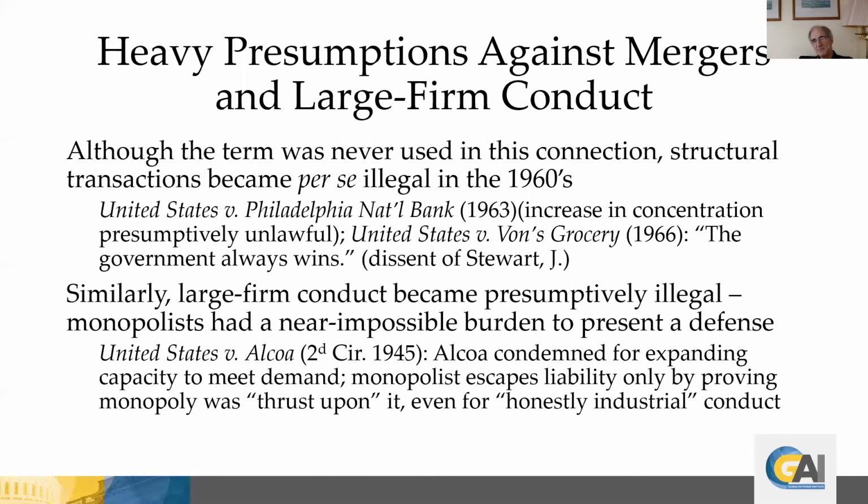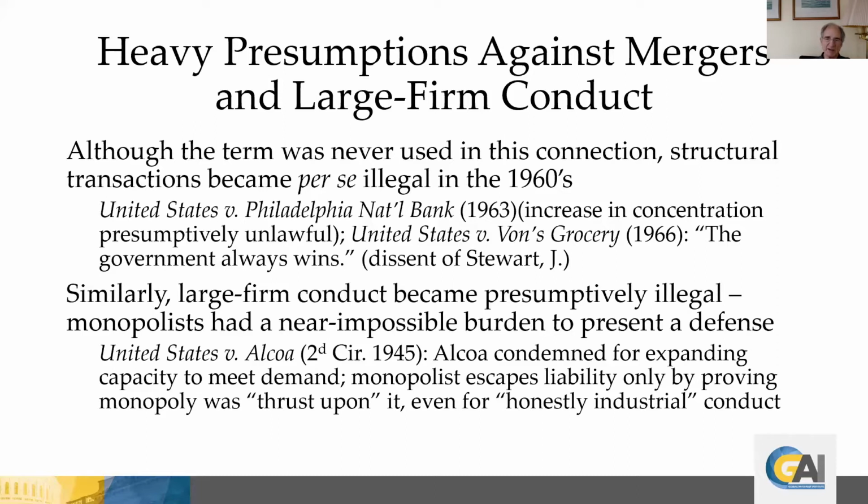And aside from the per se rule itself, in 1963, the Supreme Court established a structural presumption in merger cases. High concentration increased by a merger would be presumptively unlawful. And then in United States versus Von's Grocery, a 1966 case, it involved a couple of competitively inconsequential grocery chains in California.